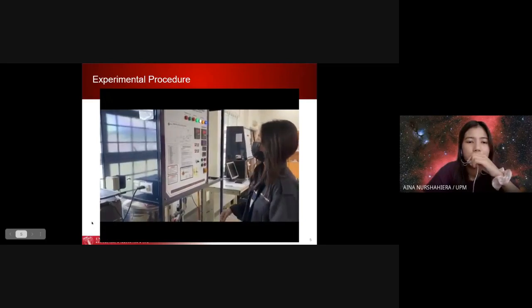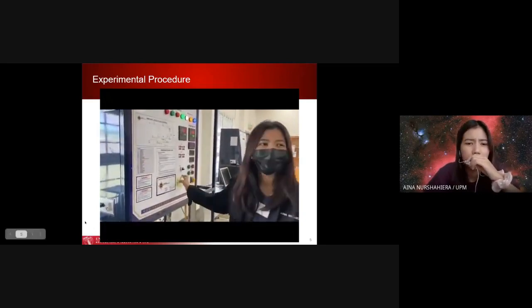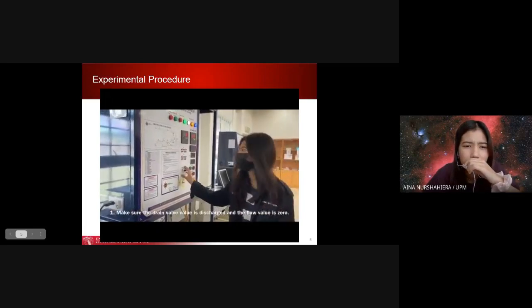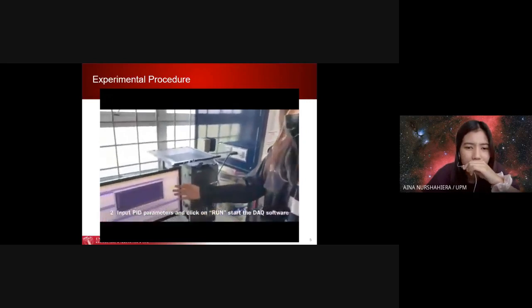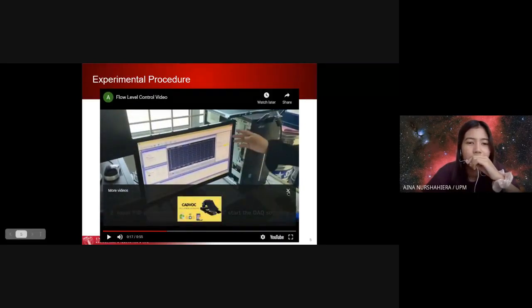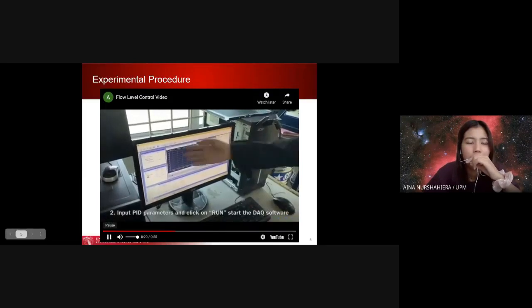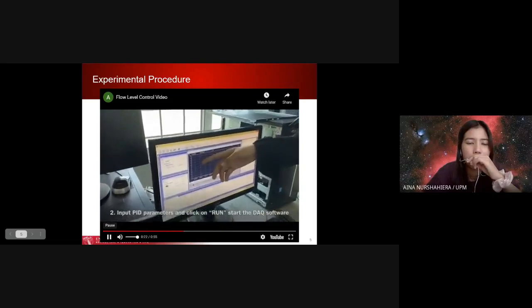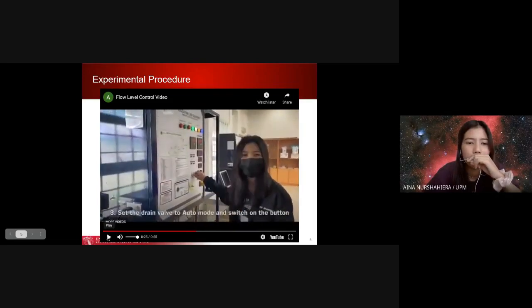For this experiment, first we have to make sure that the drain valve is discharged and the flow is set to 0. Then from the software, we input the PID parameters of proportional, integral, and derivative, and click on the start button to run the software.